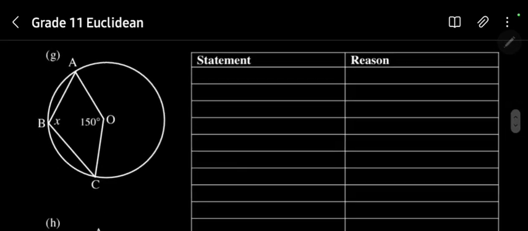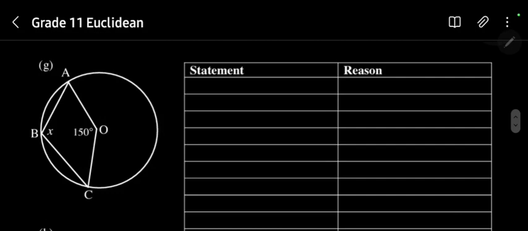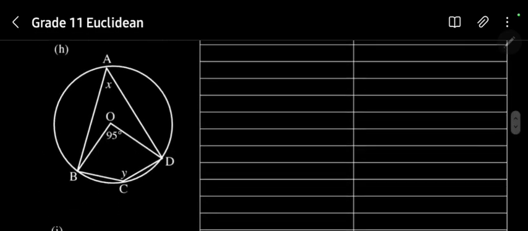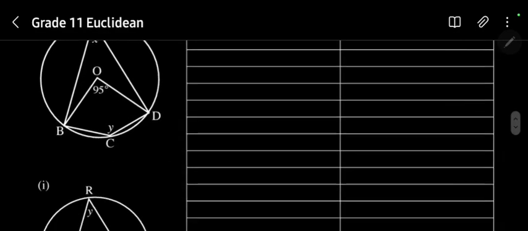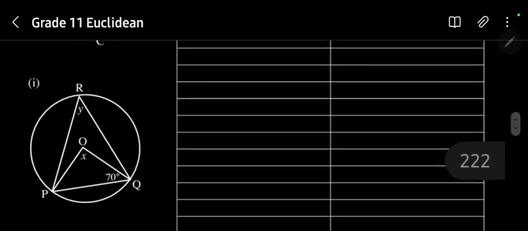G, screenshot. And H, screenshot. I love this one. And I take the screenshot of that.